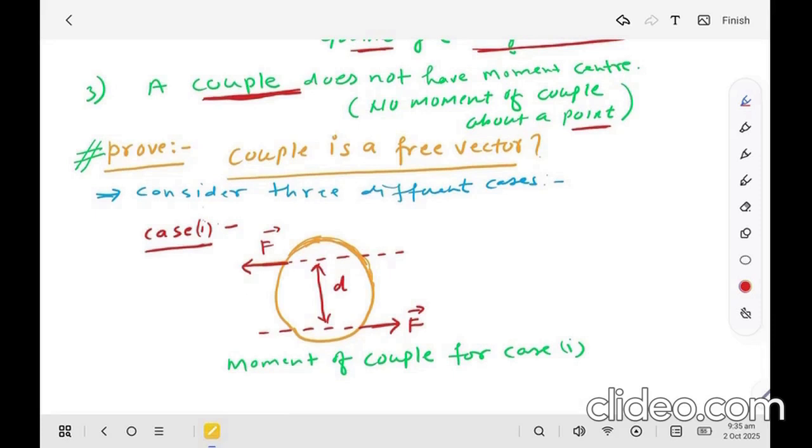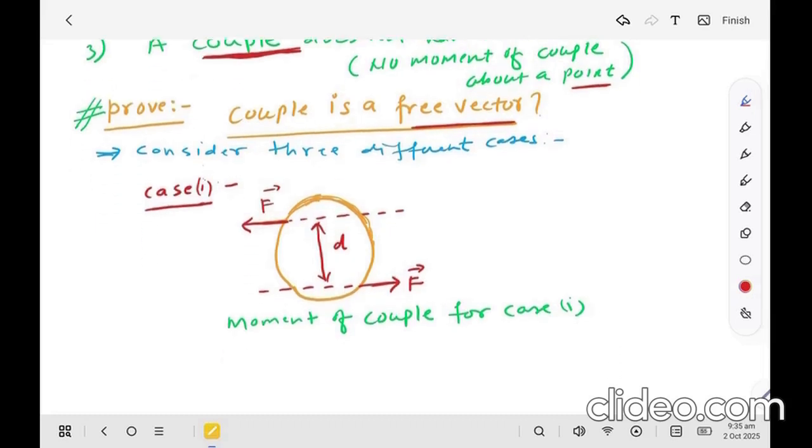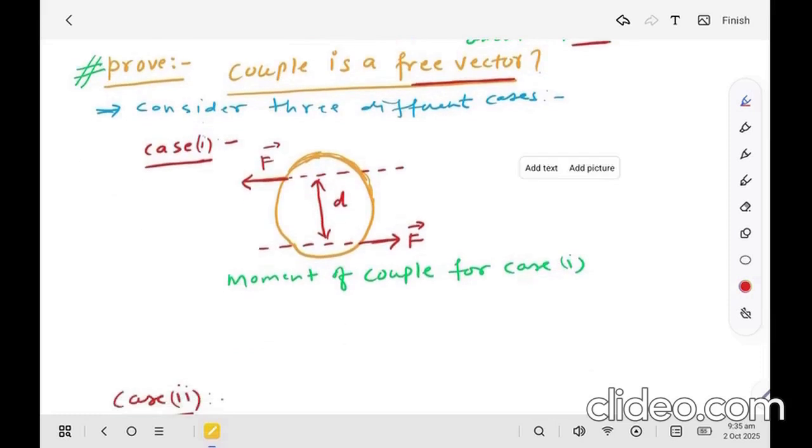To prove the statement that the couple is a free vector, I will consider three different cases. So let's consider again a body, and a couple acting on the body.